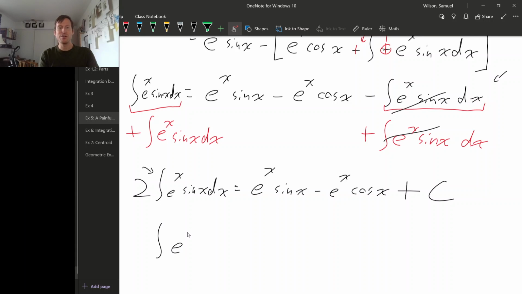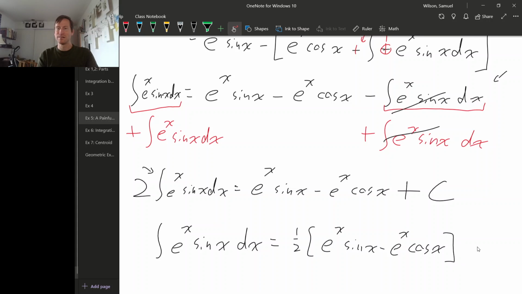So the integral of e to the x sine x dx is equal to 1/2 times e to the x sine x minus e to the x cosine x, plus a constant. Right, we're dividing this c by 2, so we could call c over 2, I don't know, c hat. Since c is an arbitrary constant, dividing it by 2 gives you just as arbitrary a constant.